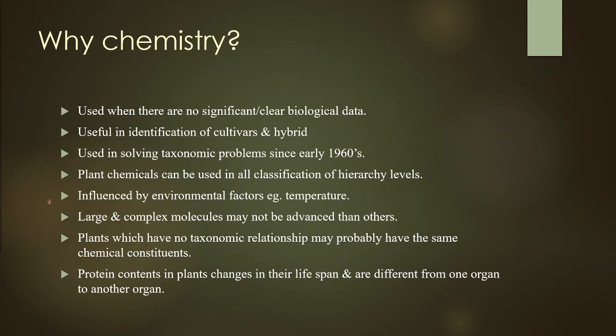The plant chemicals also can be used in all classification hierarchy levels, and of course, it can be influenced by environmental factors such as temperature. The secondary metabolites, for instance, are very sensitive to environmental factors. However, it still can be used for the classification. Large and complex molecules may not be more advanced than others.